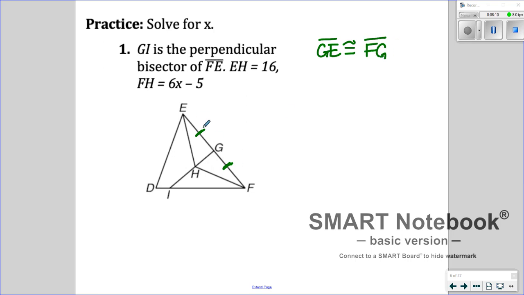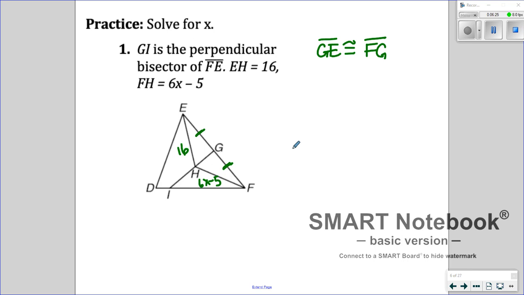So I know these two are going to be equal, congruent. And then they said EH is 16, and FH is 6x minus 5.